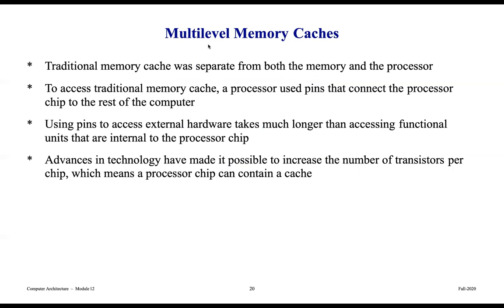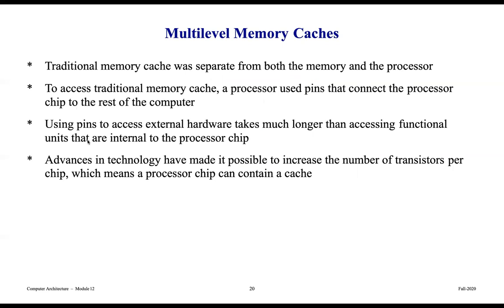We can also have multi-level memory caches. Traditionally, memory cache has been separated from both the memory and the processor. To access traditional memory cache, a processor uses pins that connect the processor chip to the rest of the computer.